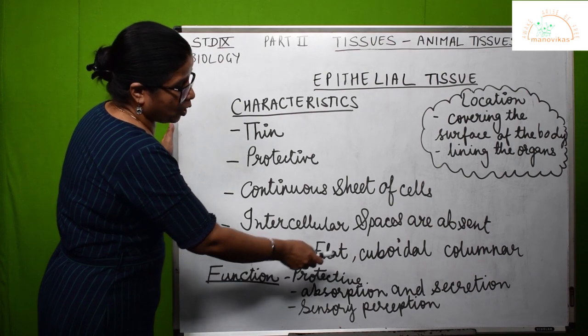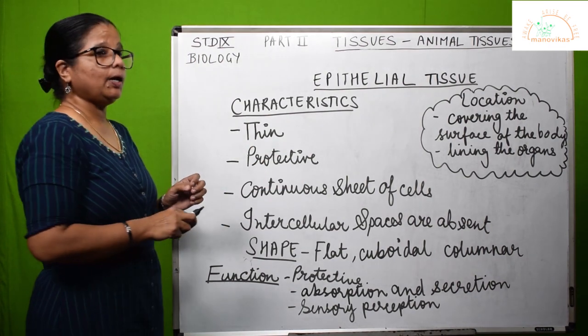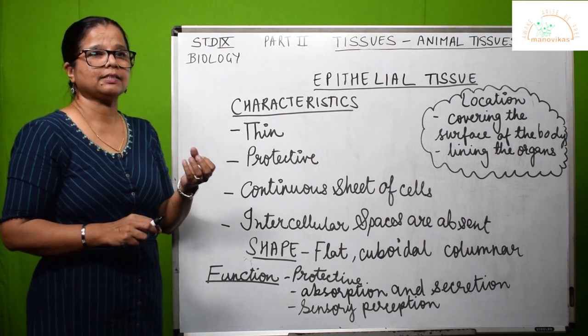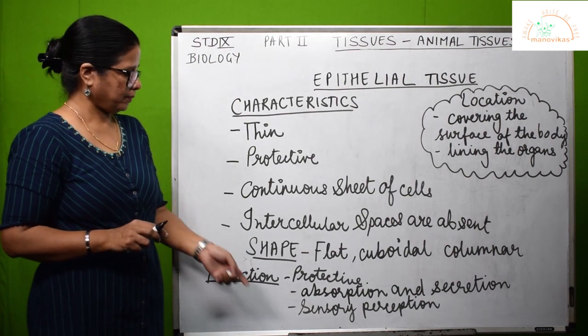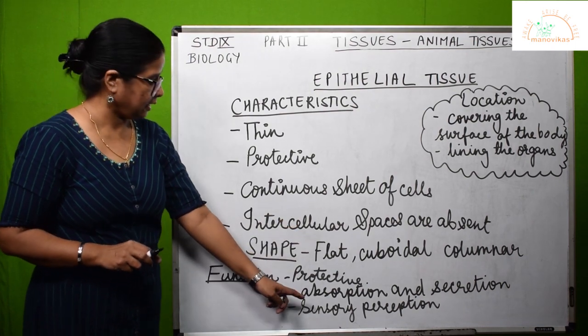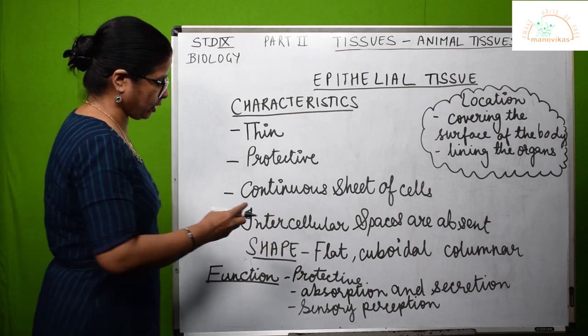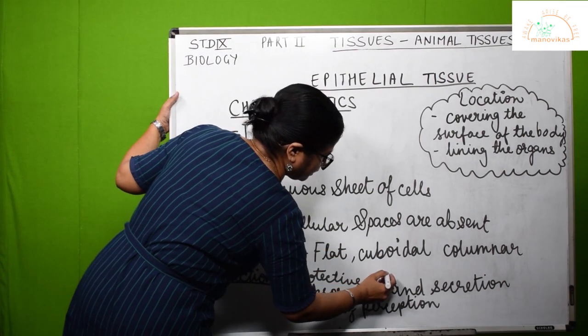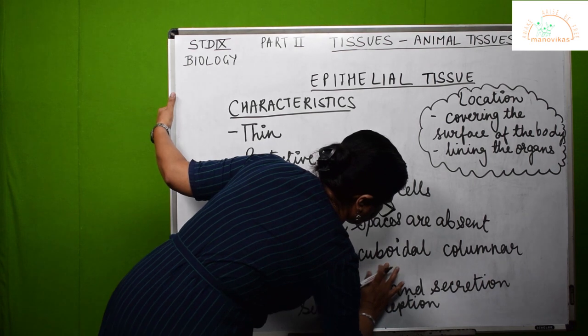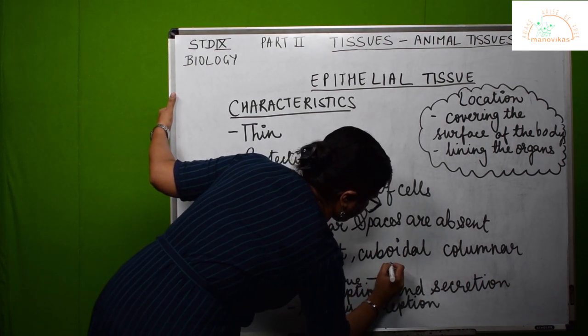Then, absorption and secretion. When I say this absorption and secretion, look at the cells inside the intestines. They secrete digestive juices. This tissue secretes. Then absorption, it absorbs the food that is digested. So if you have to give an example of protection, you can say skin. Let me write skin here.